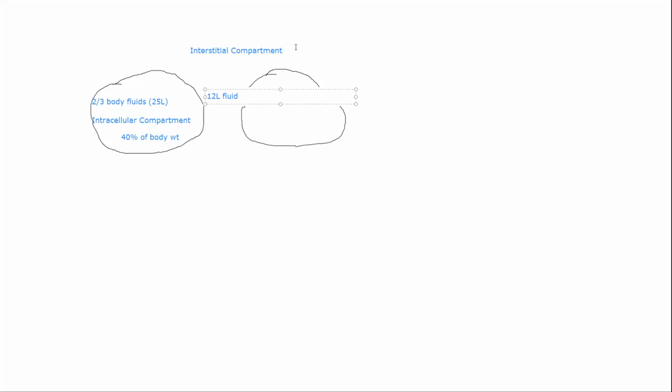So the interstitial compartment plus the intravascular compartment plus the transcellular compartment, which is just a little bit of fluid in the dense connective tissue and minor compartments like CSF, is our extracellular fluid compartment.